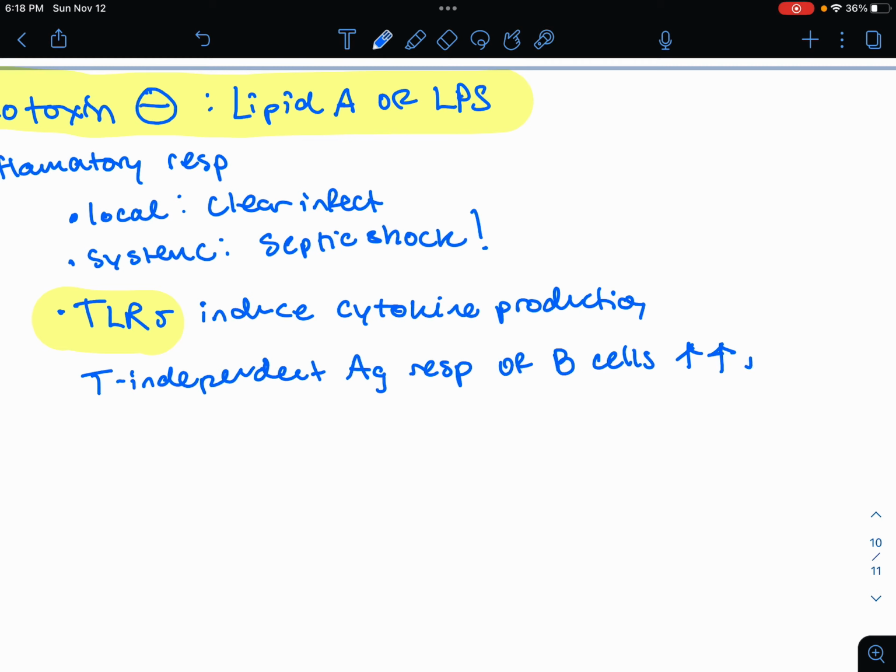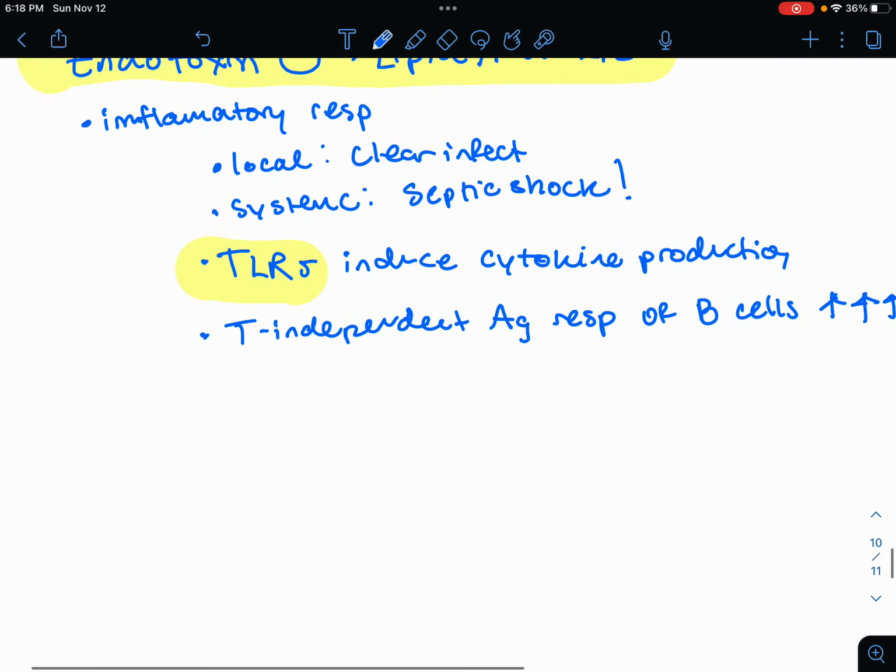And so I'm just going to draw a ton of arrows because that thing is going to be firing off like crazy. Peptidoglycans can also trigger fever, sepsis, and septic shock.